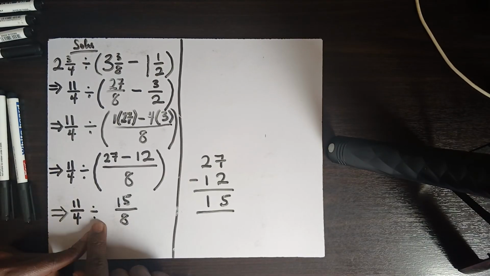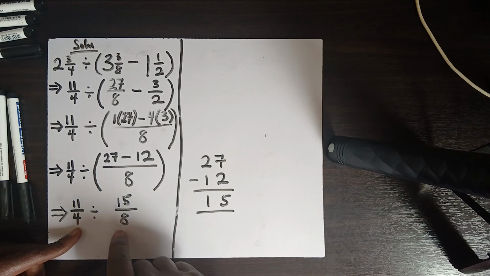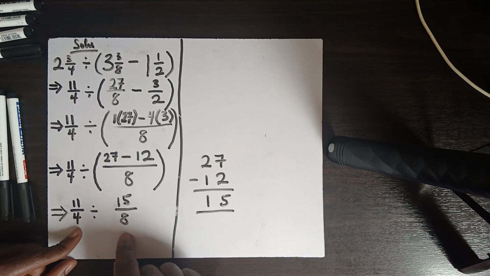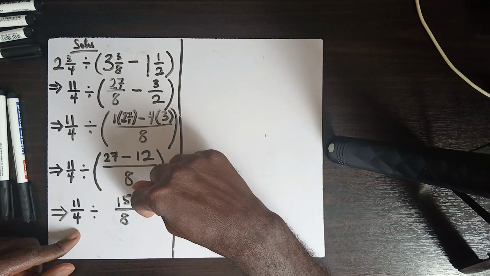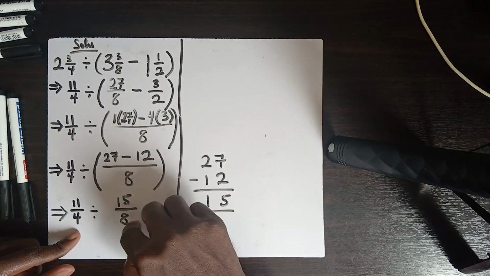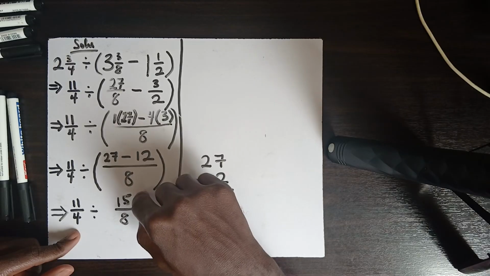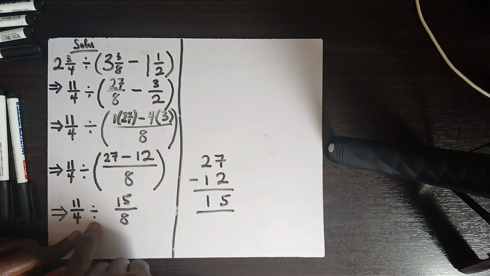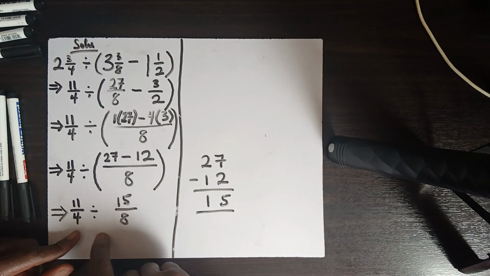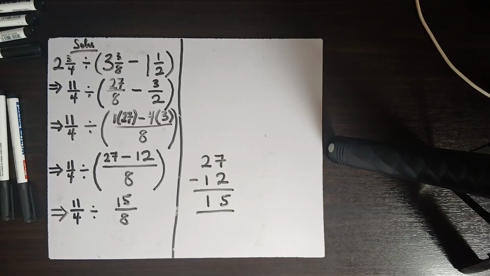Anytime you are doing division of fractions, you will reciprocate the fraction on the right hand side and change the division symbol to multiplication. So let's do that.